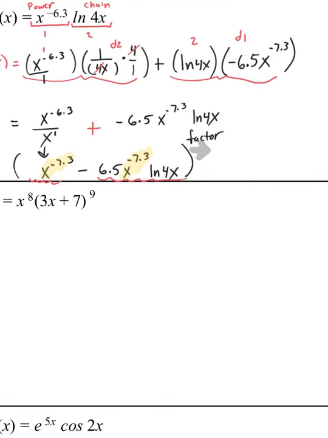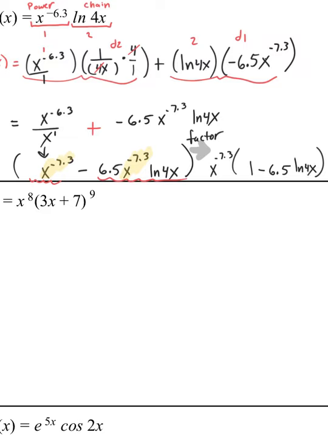I put my common factor out front, x to the negative 7.3, and then I rewrite. To get my first term, I just divide this by x to the negative 7.3, and that gives me a 1. To get this term here, I divide the second term by x to the negative 7.3, so I have negative 6.3, and I still have ln 4x.